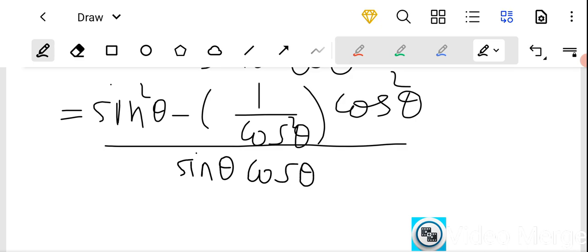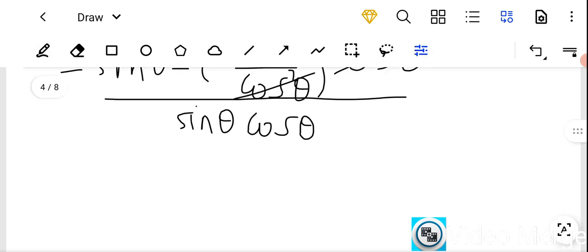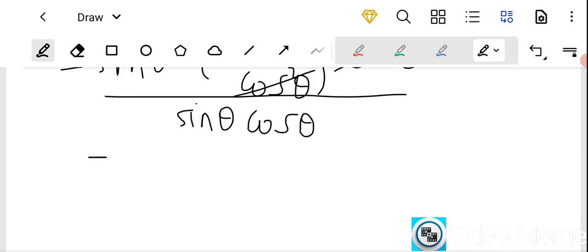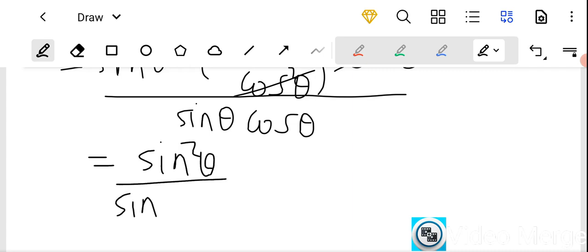To continue, you can see that the cos theta squared can cancel out, where you just remain with sin theta squared divided by sin theta cos theta.